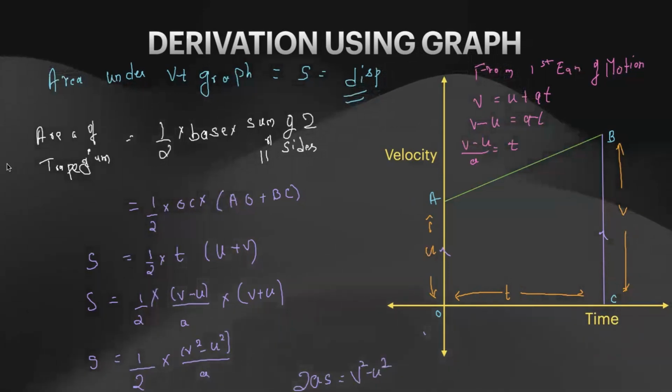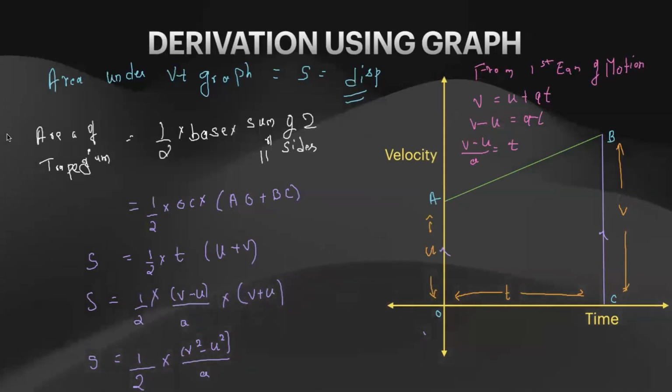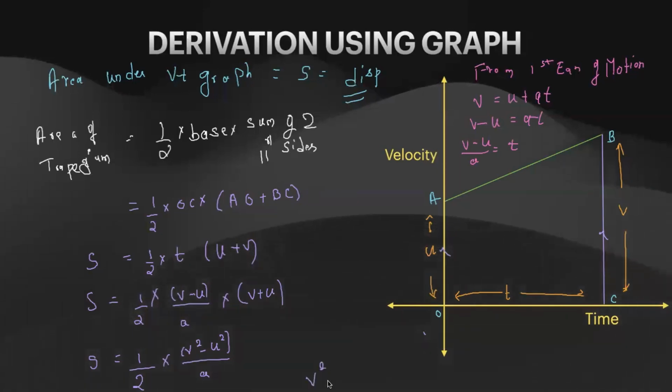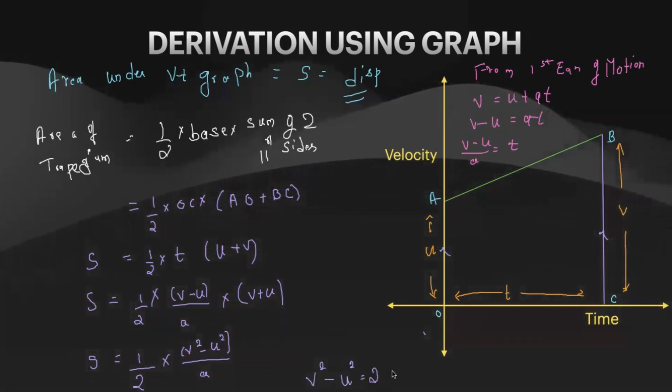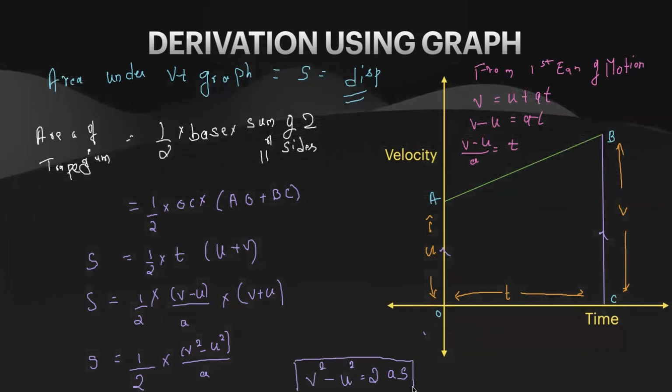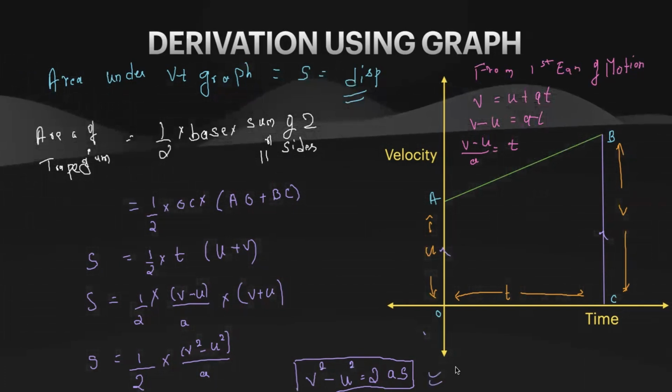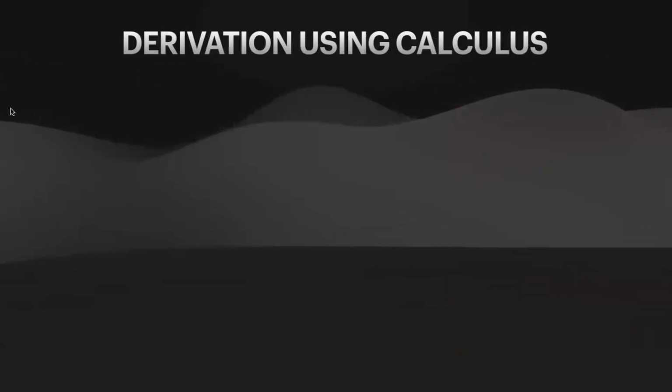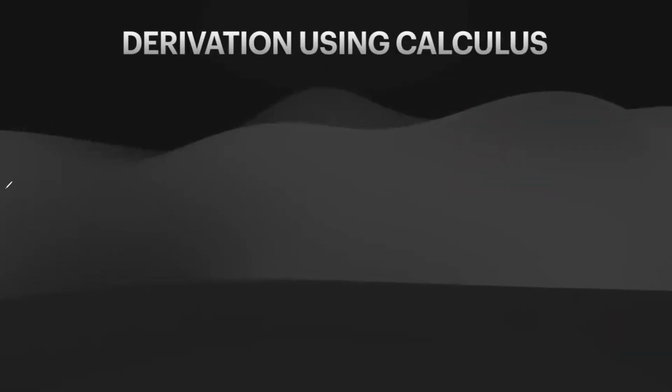Or simply I can write it as V square minus U square is 2AS. Is this crystal clear? So we have derived the third equation of motion using the graphical method. Is this clear? Let us derive the third equation of motion using calculus.